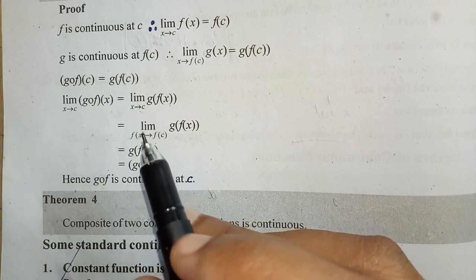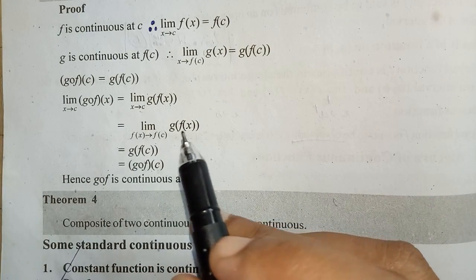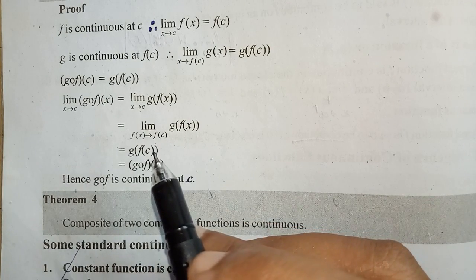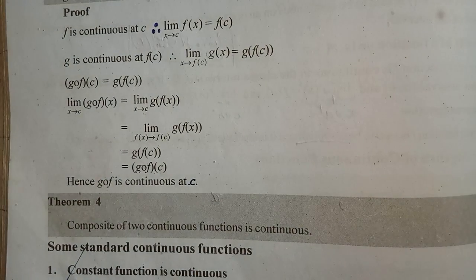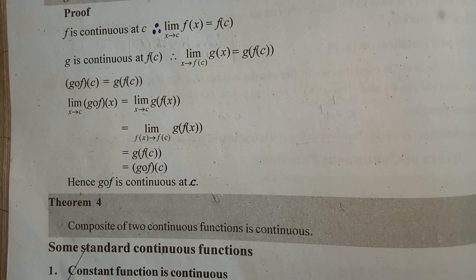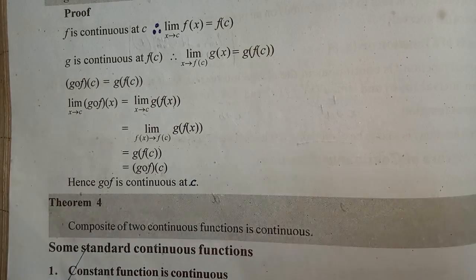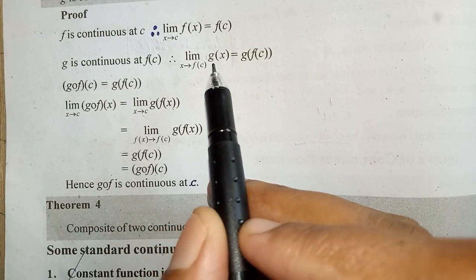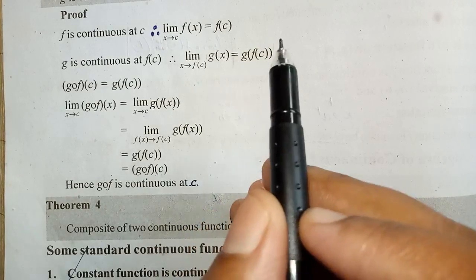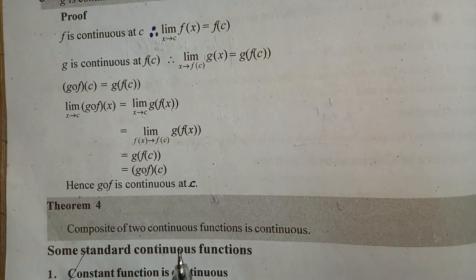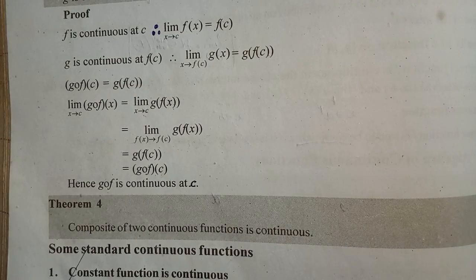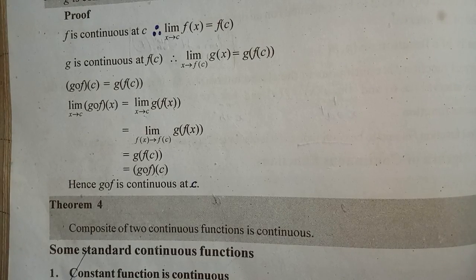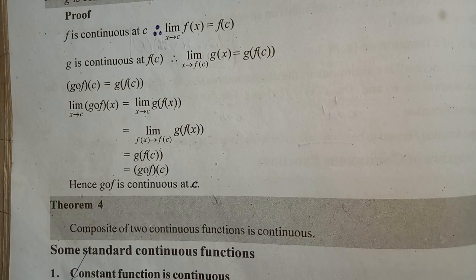Because when x is becoming c, f of x will become f of c, right? So this will become g of f of c. So g composite f is continuous at c. Is that clear, children? Yes, because here it is given as x tends to f of c, g of x will become nothing but g of f of c. Okay, now the next result says that the composition of two continuous functions is also continuous. Okay, in the next class, let us see some standard examples of continuous functions.